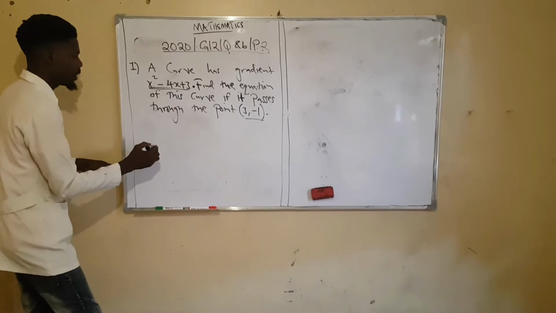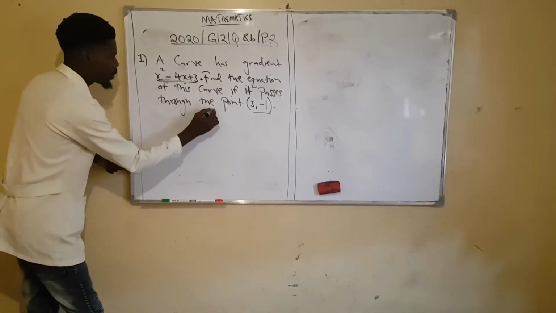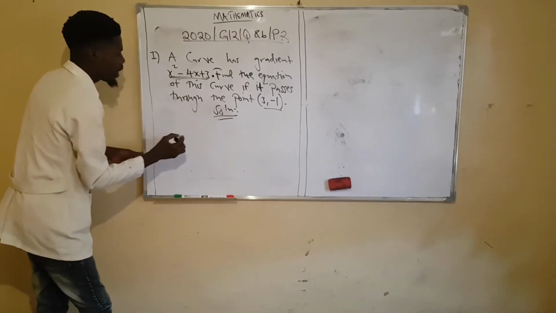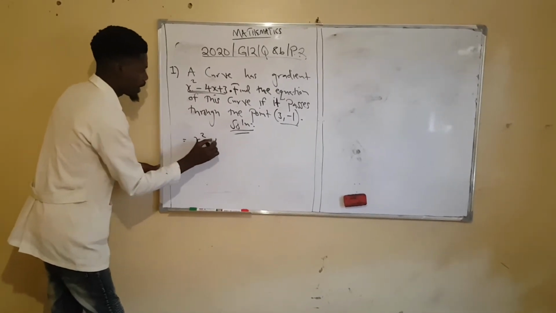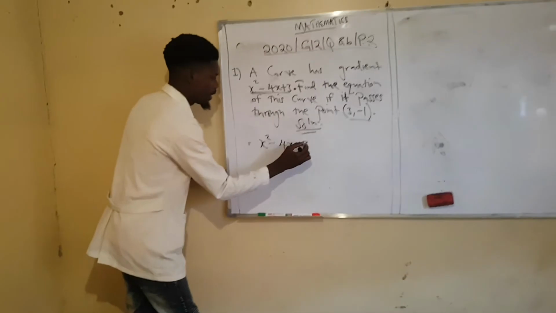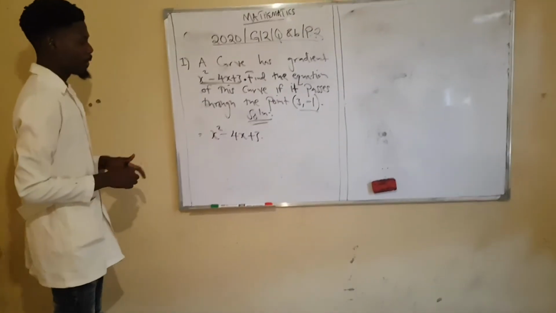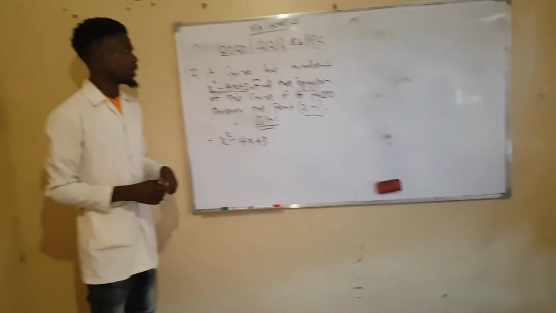So our equation is actually, okay, so solution. Our equation given is x squared minus 4x plus 3. This is simple. So how are we going to find the equation of the curve?